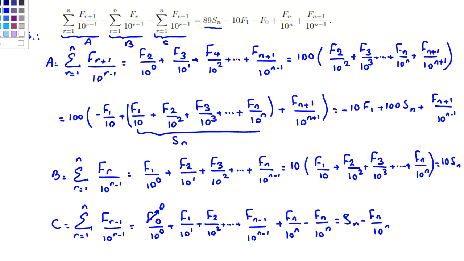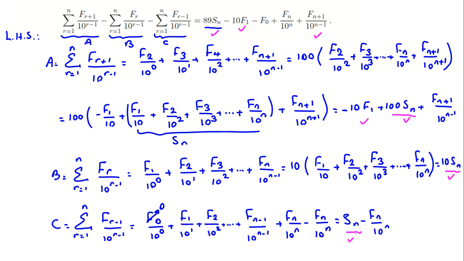Okay, now let's compare. Here, we have a minus b minus c. For a, 100 Sn and minus 10 Sn and 90 Sn and minus Sn and minus 89 Sn. So this part will be okay, by this part, this part, this part. Now, here we have negative 10 f1, it's okay. Because we have a minus b, for minus b we don't have anything, but for a, f(n plus 1) over 10 to the n minus 1 we have this.